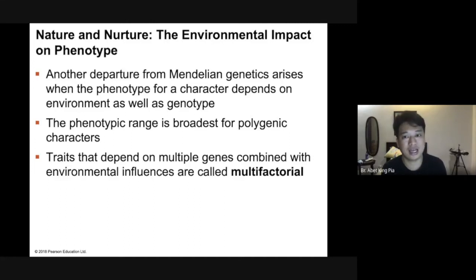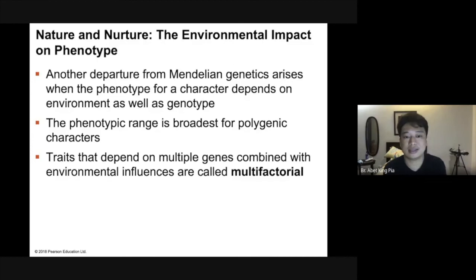So there are a lot of influence that the nature can affect, the influence of nature can really affect the genotype of an organism. So yun lagi yung ating iintindihan. So the phenotypic range is broadest for polygenic characters, yes.